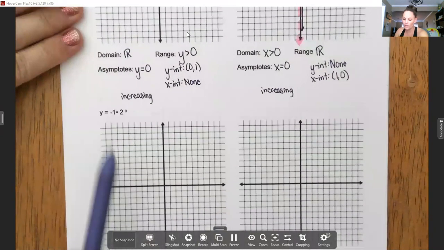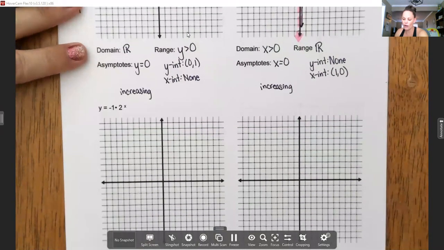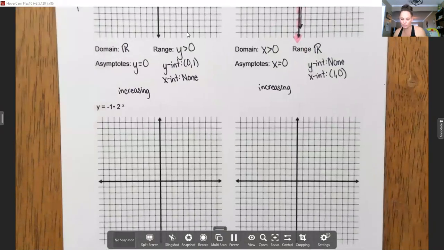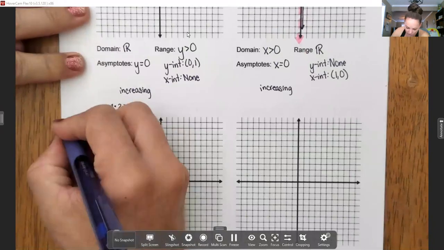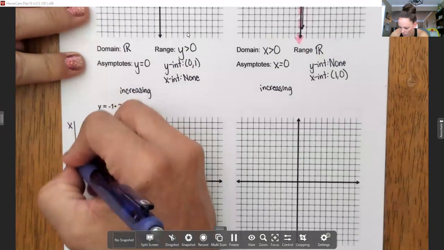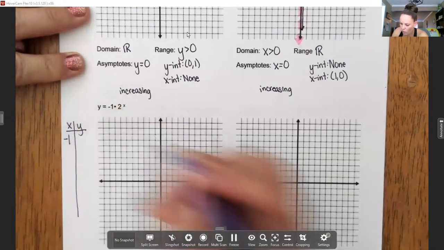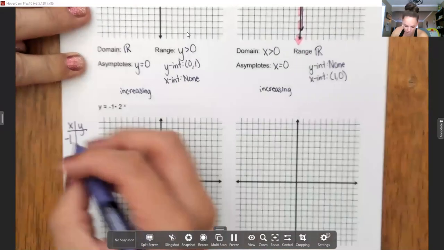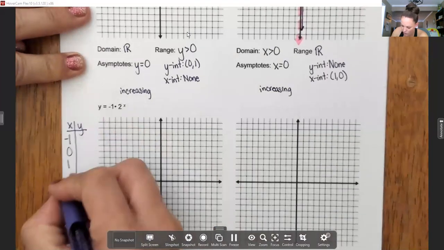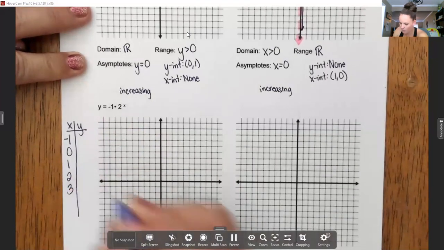All right. So here on this next one, we have y equals -1 times 2 to the x. This, again, I can make a table and plot my points. So -1, 0, 1, 2, 3.